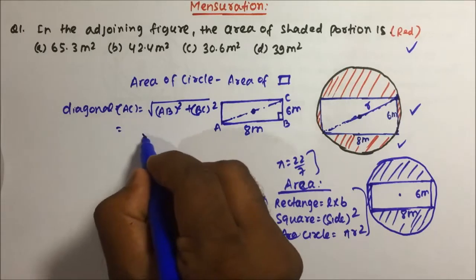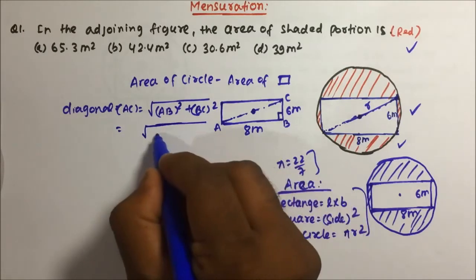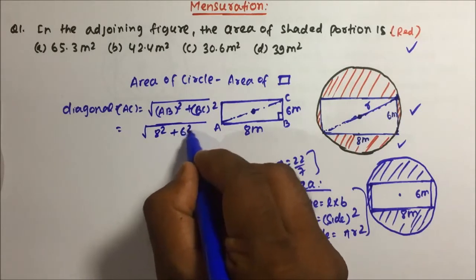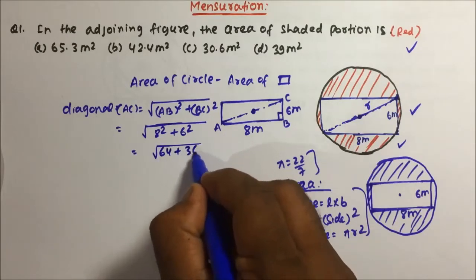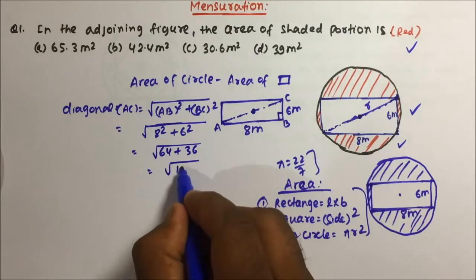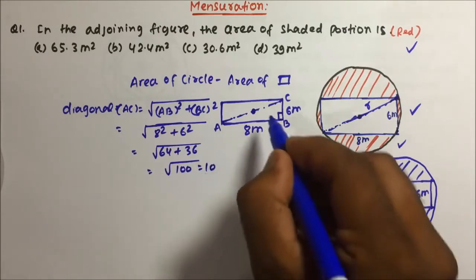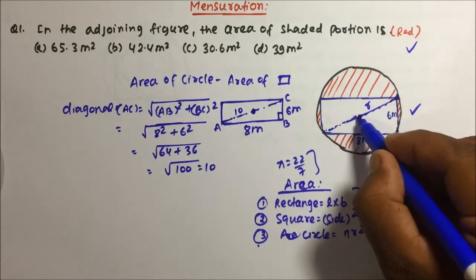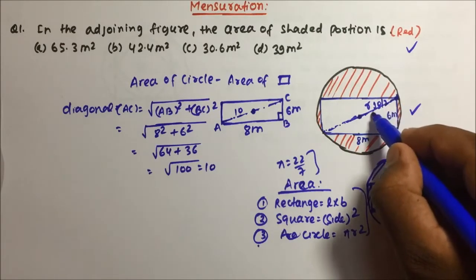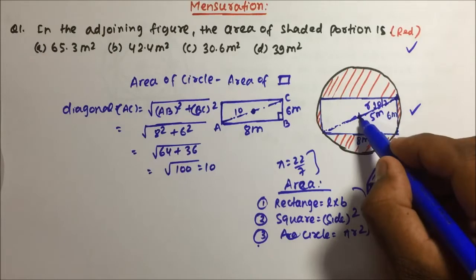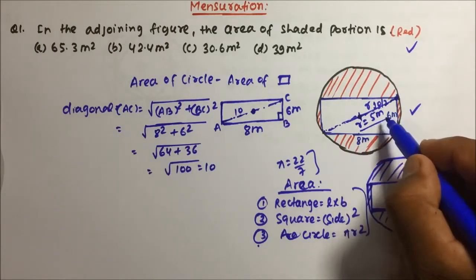Now what will it be? 8 square plus 6 square, which is 64 plus 36, nothing but 100, and 10 will be the diagonal. Now the total is 10, so the radius will be 10 by 2, which is nothing but 5. So I can say the radius is 5 meter.